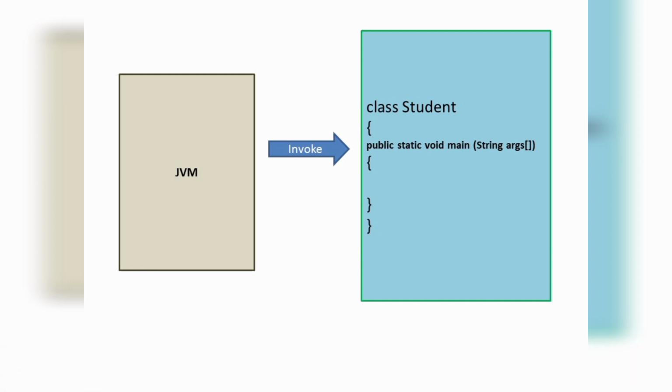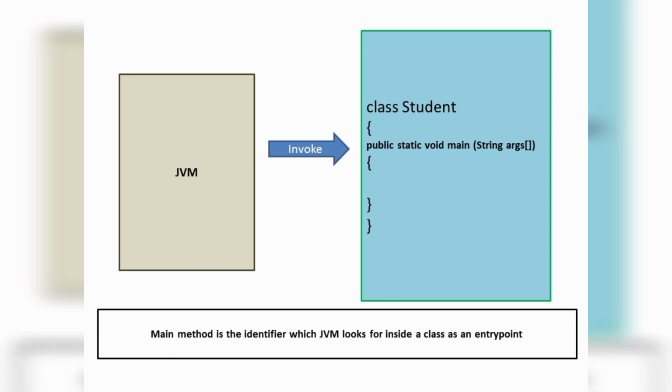But why are we calling this method main only? We can keep any name for this method, right? No, we cannot, because the JVM looks for a method with this name main only as the starting point of the program. So it works as an identifier.